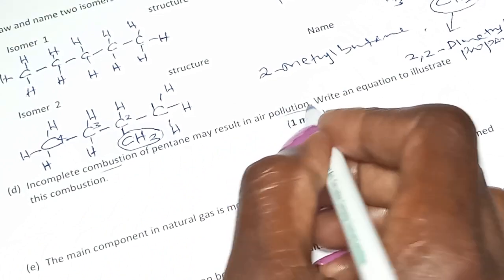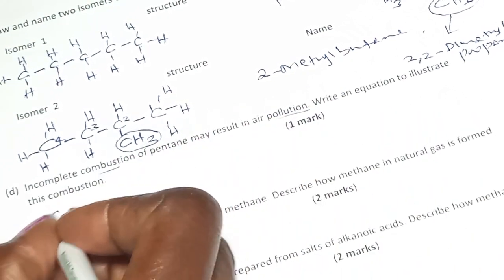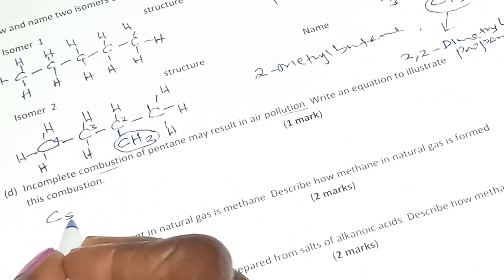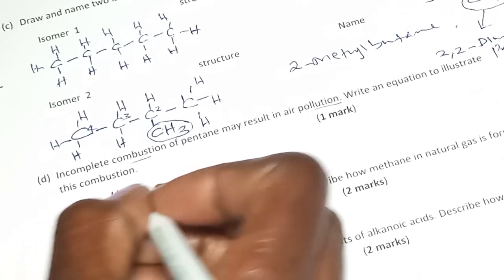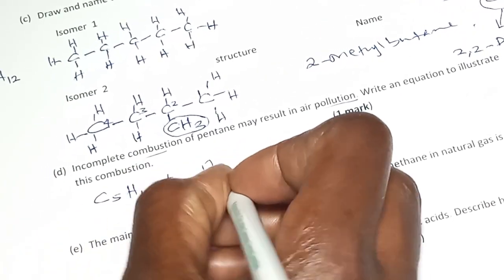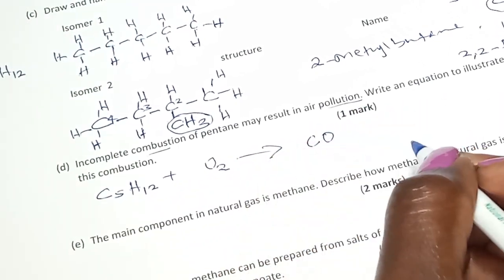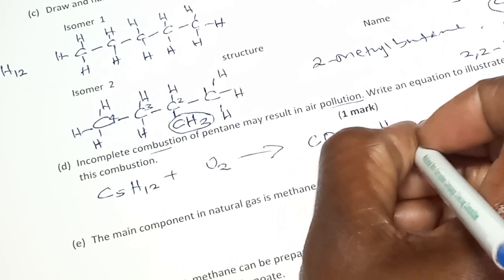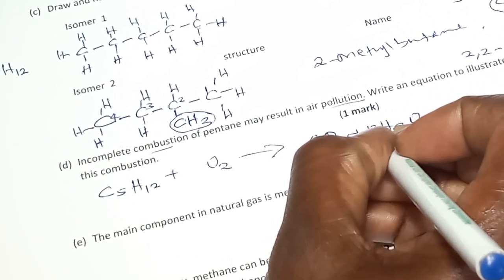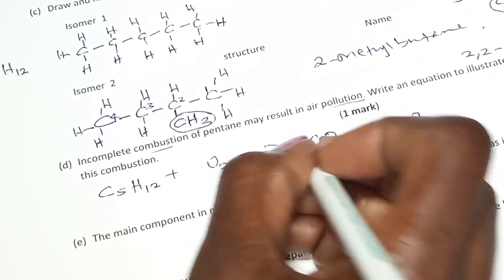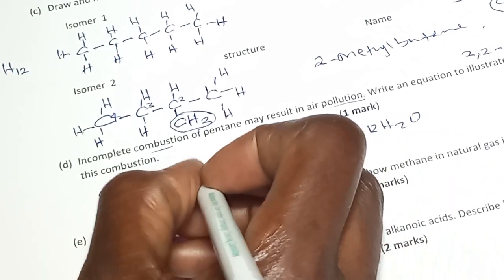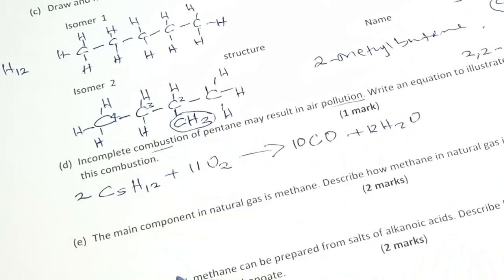In this case, we are given 5 carbons, C5H12 plus oxygen, the combustion reaction, to form carbon monoxide, incomplete combustion, plus water. You just have to balance the coefficients: 12 before water, 10 before carbon monoxide, 11 before oxygen, and 2 before the pentane.